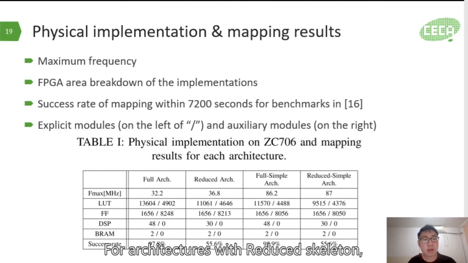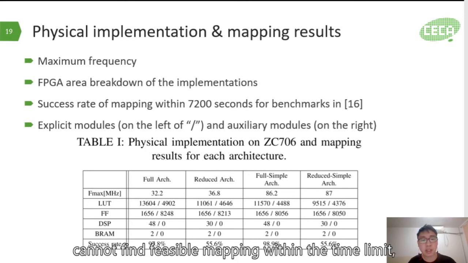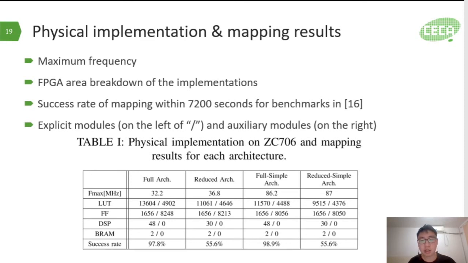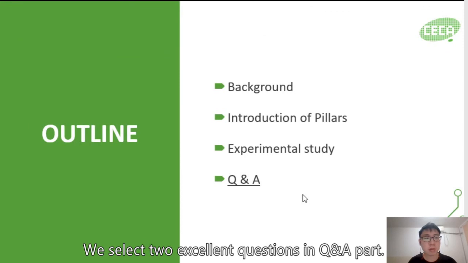For architecture with reduced skeleton, benchmarks with many multiplication operations cannot find feasible mapping within the time limit, since there are only 10 multipliers and no torus connection.